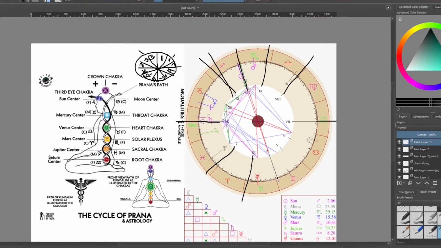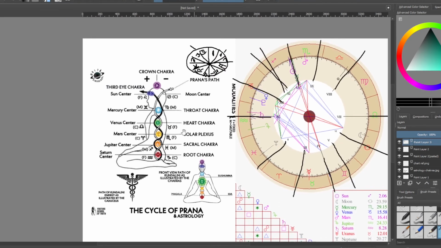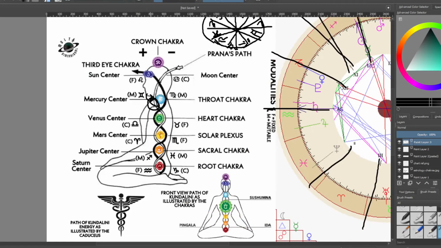You want to break up, look at the houses, break up the houses. Here we see this person's houses, and look where they are in the body, and where they are in the body relates to, you see here, 4th house of home is in the throat. You want to feel your throat.